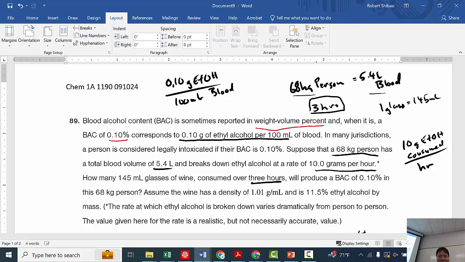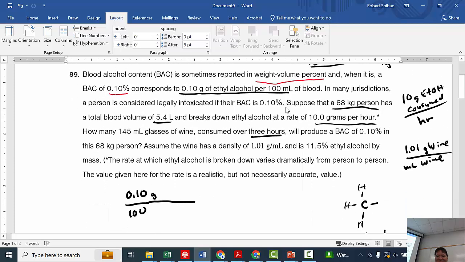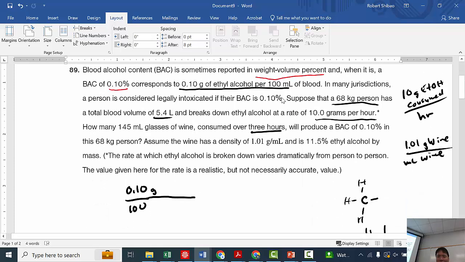Assume the wine has a density of 1.01 grams of wine per milliliter of wine, and is 11.5% ethyl alcohol by mass. That means we have 11.5 grams of ethyl alcohol. ETOH is the standard abbreviation for ethyl alcohol.